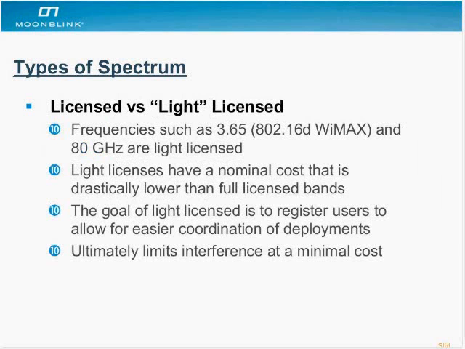And then finally, the last one is a light license type of spectrum. So this is special. This is typically around 2 types of popular technology: the 802.16d fixed WiMAX standard using 3.65 gigahertz, that's a light licensed type of spectrum, and also the millimeter wave 80 gigahertz technology, the high-speed, short range backhaul, also falls in that category, and it's usually about $200, typically just a nominal cost.